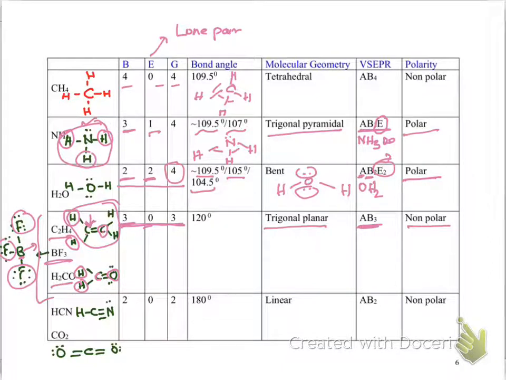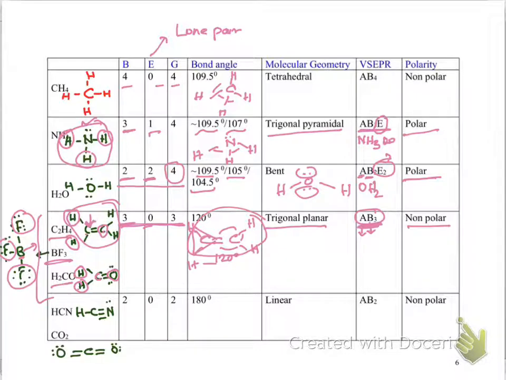So let's look at, for example, C2H4. That's a trigonal planar shape. If you look carefully, it looks like a triangle. And the bond angles are 120 degrees. Now can I use the AB3 formula for my C2H4? No. AB3 means you have one central atom bonded to 3 same atoms.